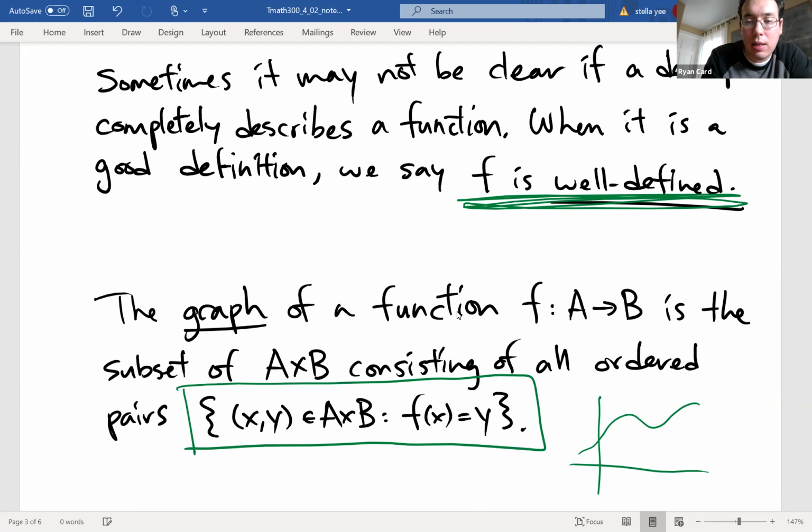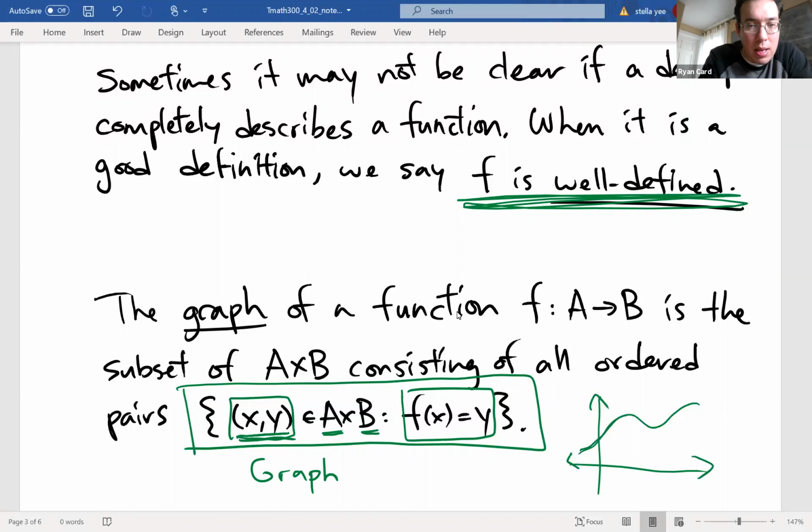It is related to the graph that we draw, but this is every ordered pair x and y, where x is from the domain and y is from the range, and they are related in this way, right? By the input and output of the function. The collection of all those ordered pairs is called the graph.